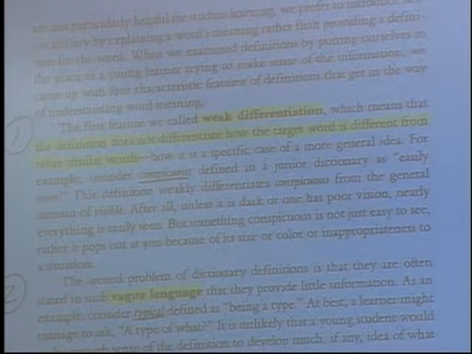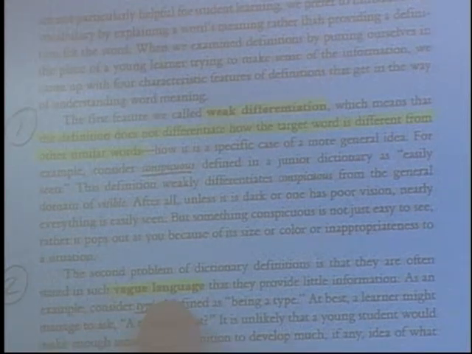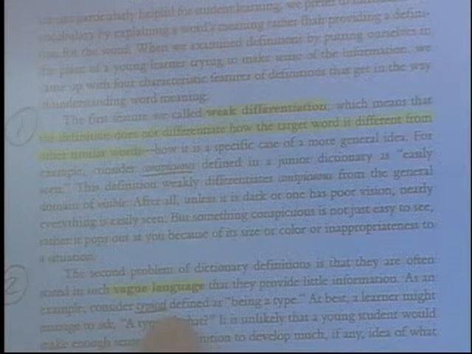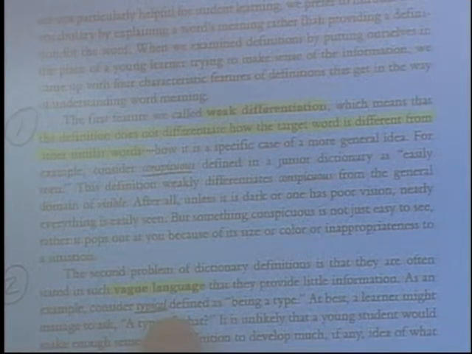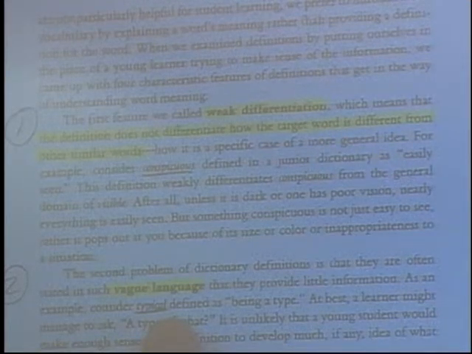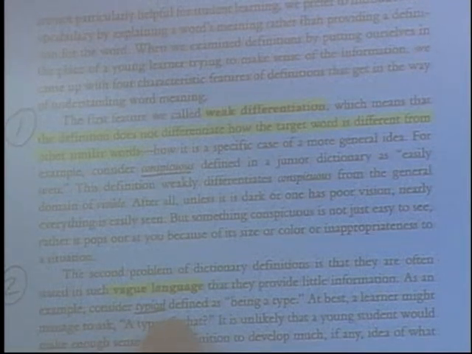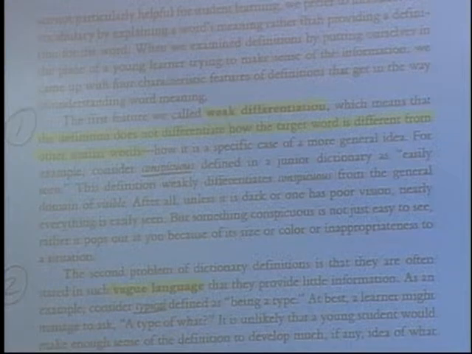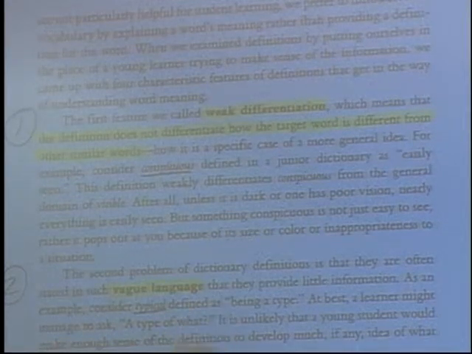Okay? They also identified that definitions can also contain vague language. Wow. How confusing could that be for my students? The definition maybe doesn't provide a specific explanation of the word. So here's an example that the authors cite here.